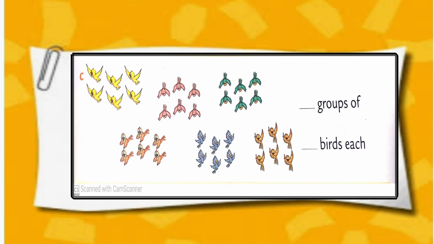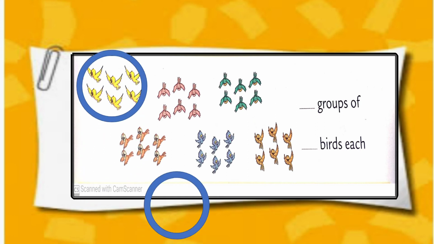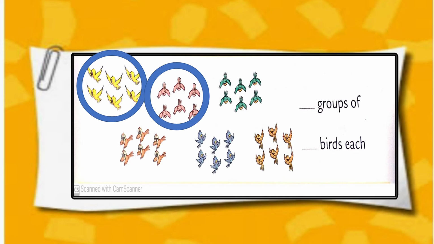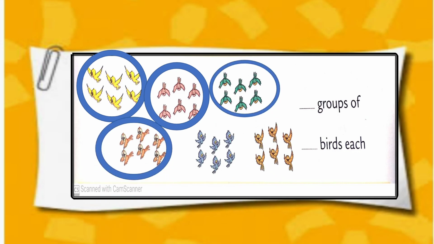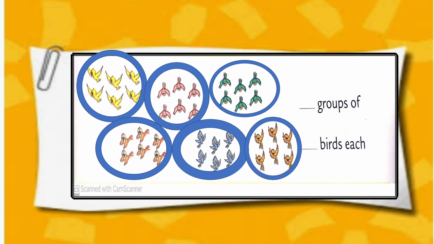So first let's make a circle around each group. 1, 2, 3, 4, 5, 6. Now see, it divides in 6 groups of.